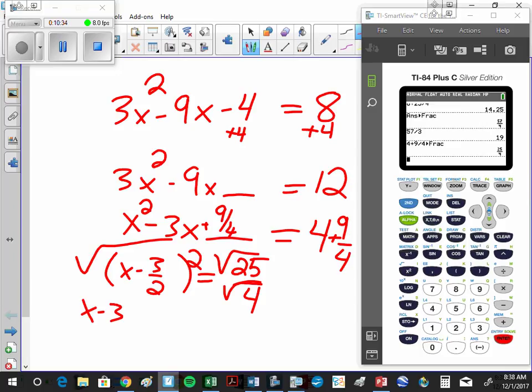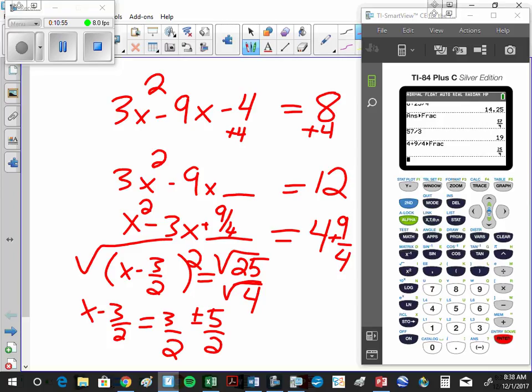X minus 3 over 2 is equal to plus or minus 5 over 4. That's pretty crazy. I just made this up and it worked. Now I add the 3 halves over. And we can do this in our head. They're both divided by 2.